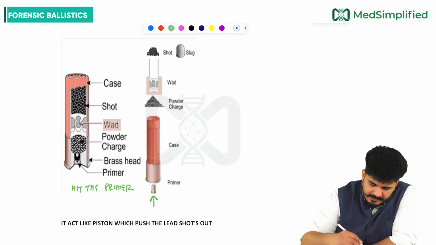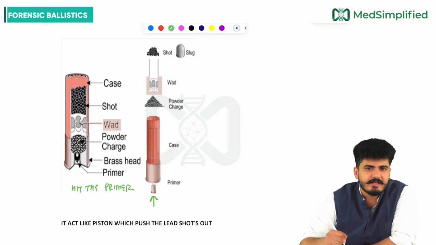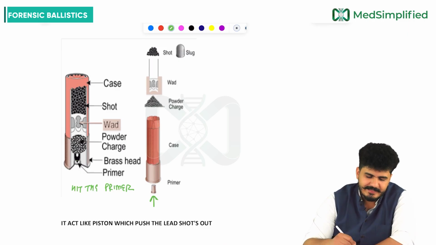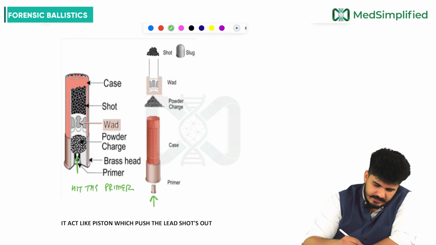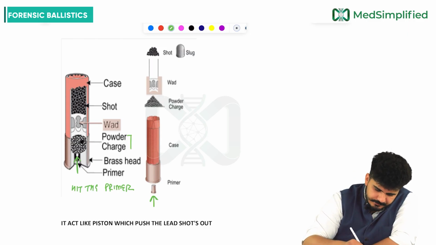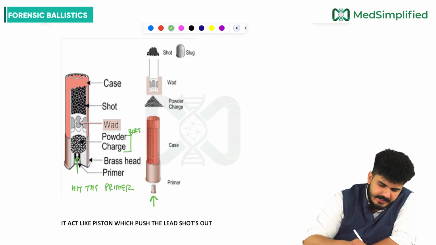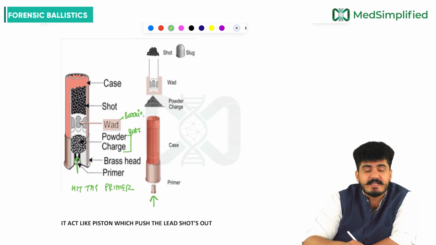then the outer one is the brass head. You will see the primer got hit. After the primer got hit, there will be powder. The powder got burned. Then there is a wad. Wad is like a barrier which only opens if the pressure exceeds too much.